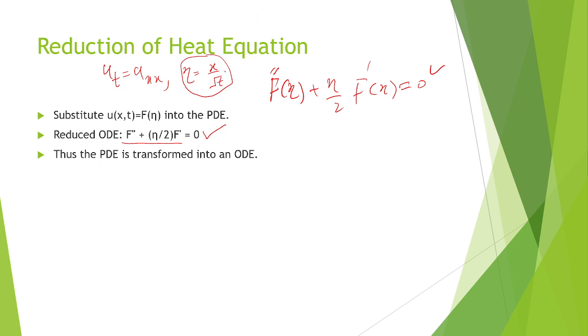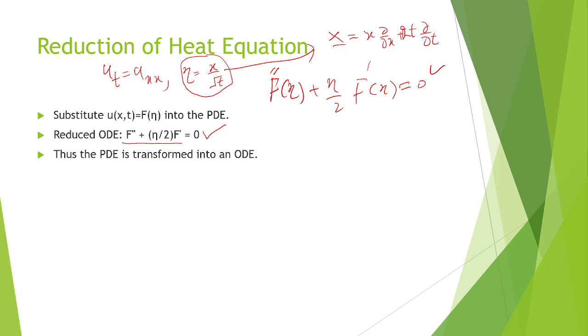That generator is the Lie symmetry generator, x partial by partial x plus 2t partial by partial t.